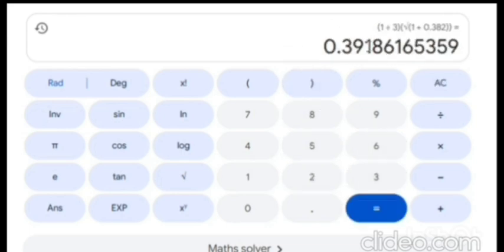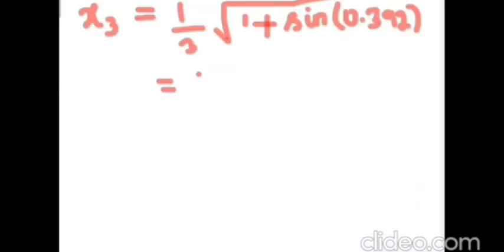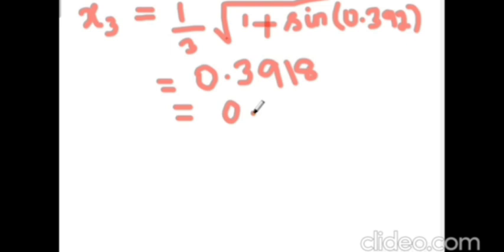Now the value is 0.3918. We are going to round off to 3 digits, so I'm rounding off to 0.392. So the x3 value is 0.392, and the value we arrived at for x2 is also 0.392, which says that the values of x2 and x3 are similar.